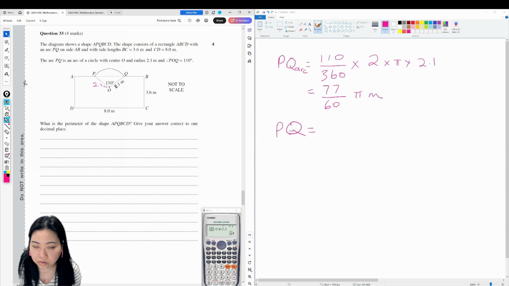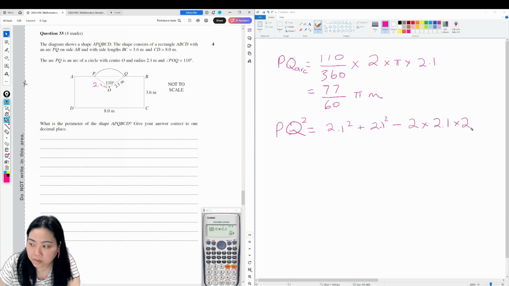In the triangle, PQ squared is going to equal a squared plus b squared minus 2bc cos A. Make sure that the angle is opposite the side.